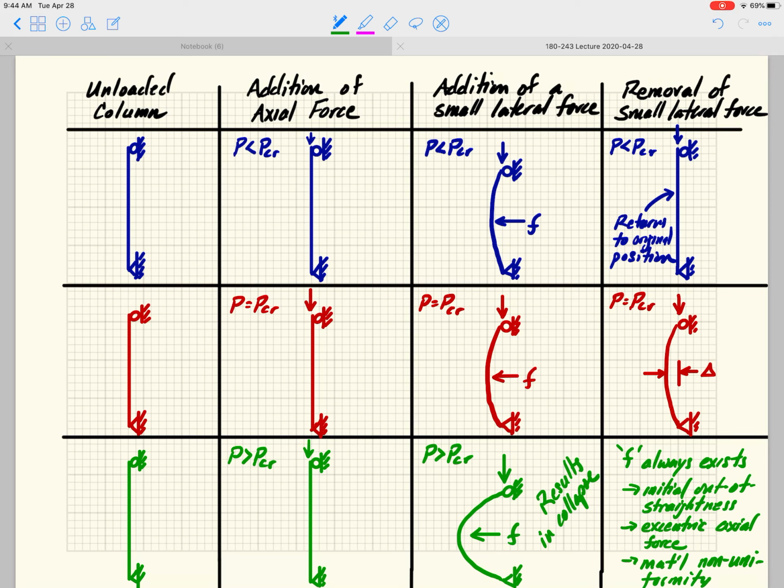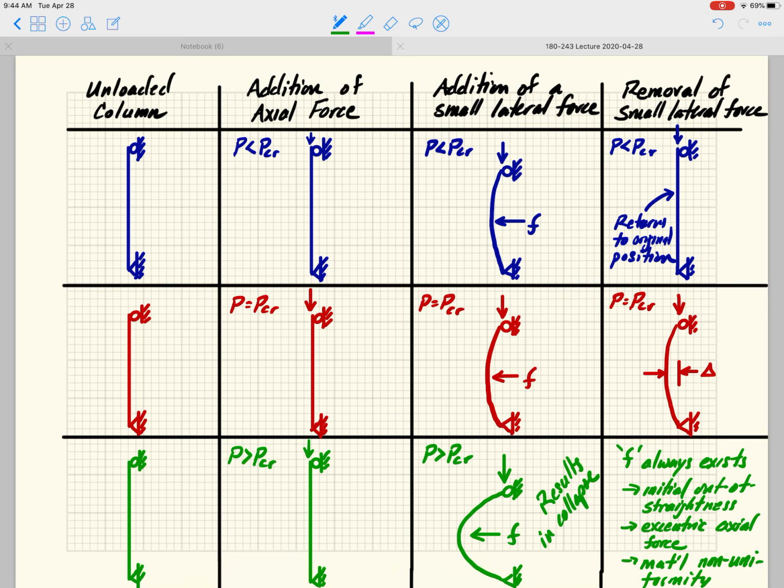So the fact that steel may have a varying degree of elastic modulus throughout a particular cross-section could cause this eccentricity, which will result in a small lateral force, which would be the initiator of buckling.